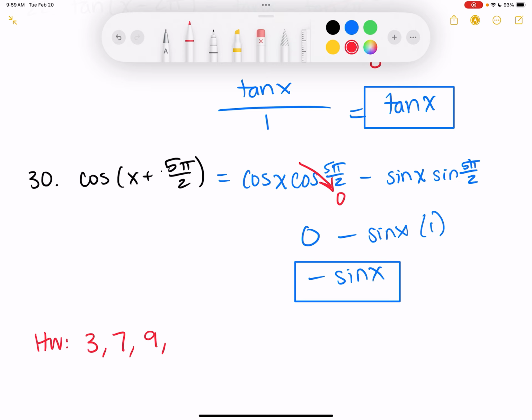I feel like this is a trap. And just remember, if there is a negative angle that's given to you, you need to get the positive one. So find the positive angle first. 13, 15, 19, 23, and 25.